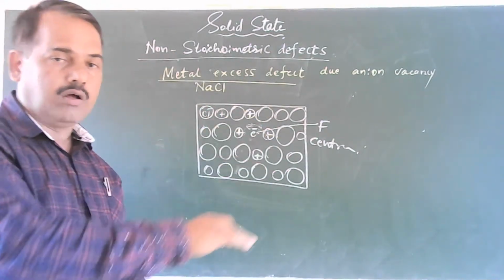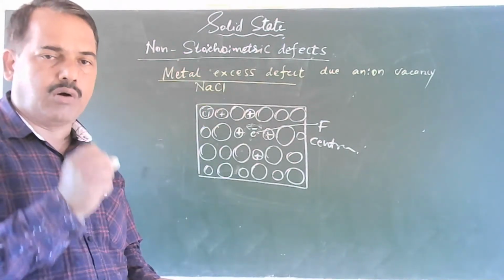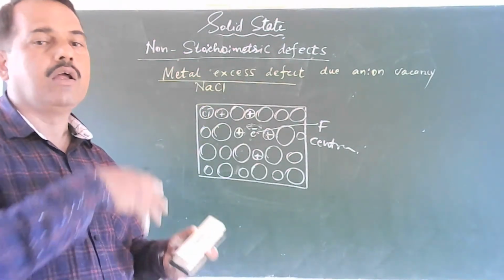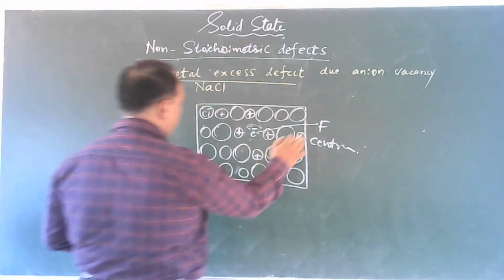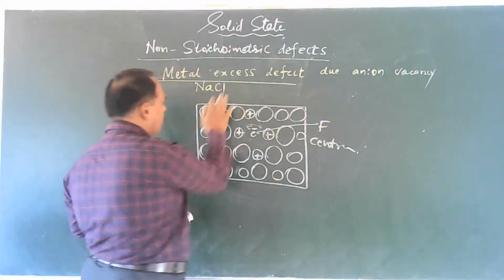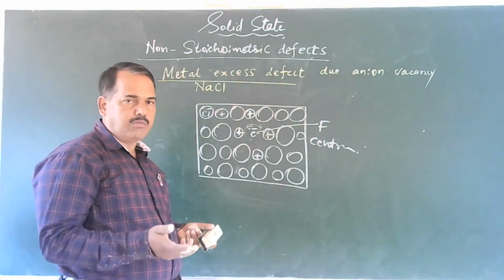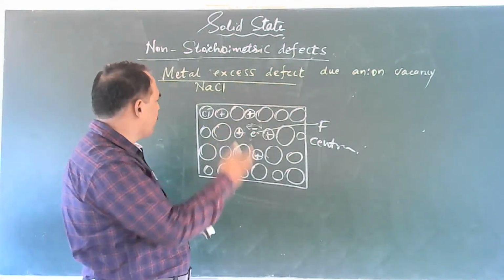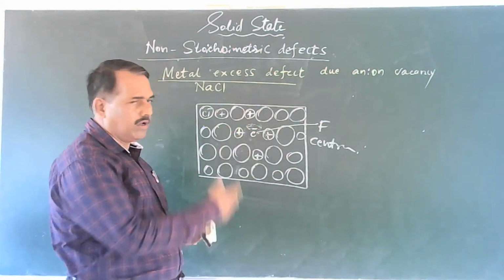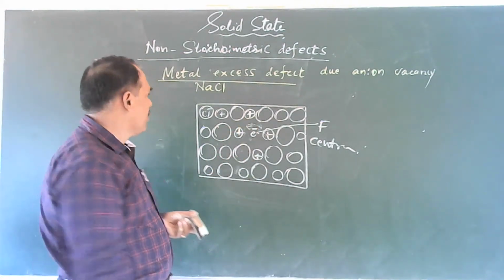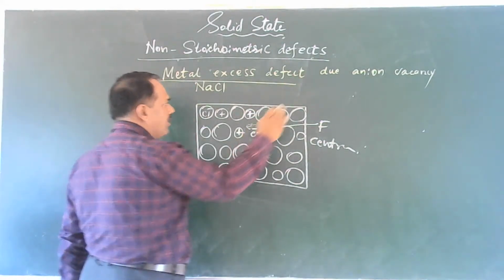The F center imparts color. That unpaired electron absorbs radiation from visible light and it imparts color. And that is called what? F center. Are you clear? For example, sodium chloride is golden yellow. Again potassium chloride, cesium chloride show pink color, lilac color, different colors. So that is called metal excess due to anionic vacancy.